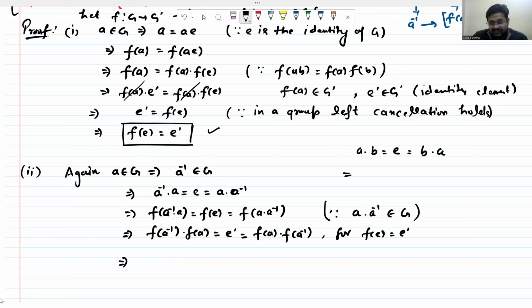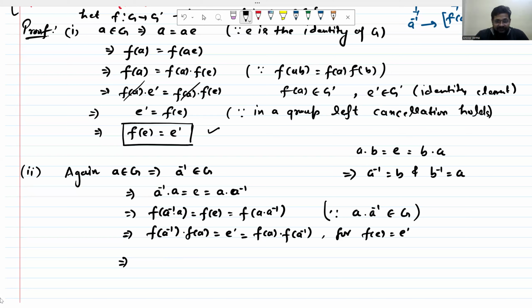So you can easily say that the inverse of A is B and the inverse of B is A. If you multiply two elements and get the identity irrespective of the order of multiplication, then one element is said to be the inverse of the other.